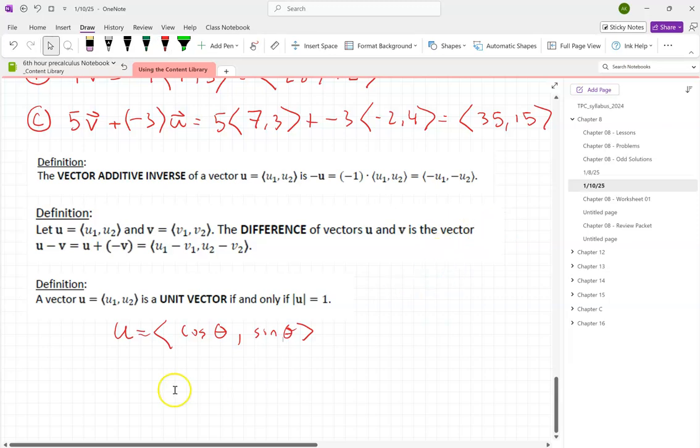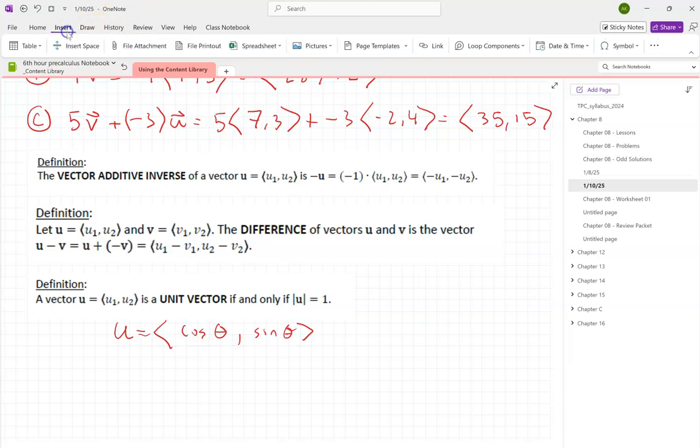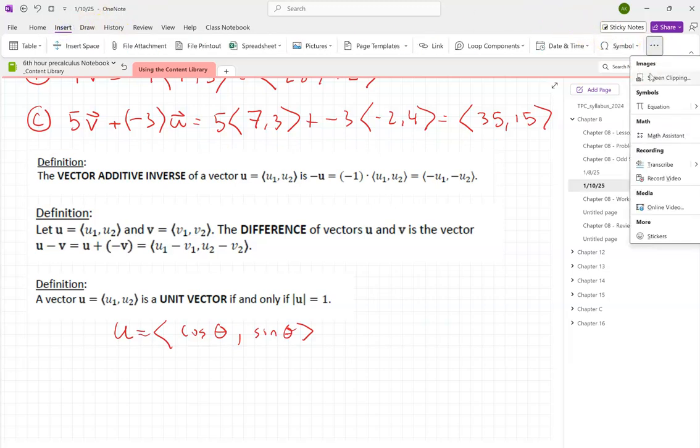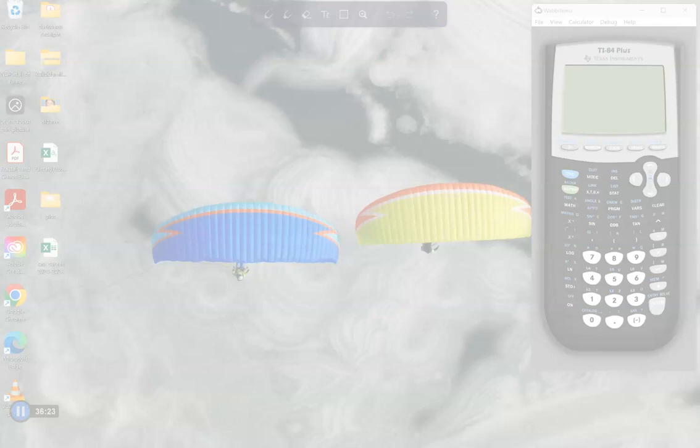What we'll often be asked to do is take some vector and rewrite it as a scalar times a unit vector, or find the unit vector that's in the same direction as a given vector.